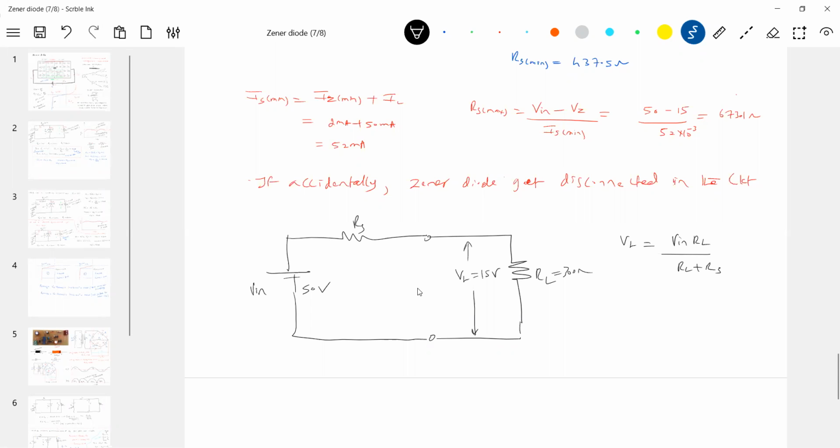Calculate in this case how much it will be. 15 equals 50 times 300 by 300 plus RS. Value of RS: 700, it is coming, no? Tell me, shall I keep 673.1 or shall I keep 700? Better keep 700, no?